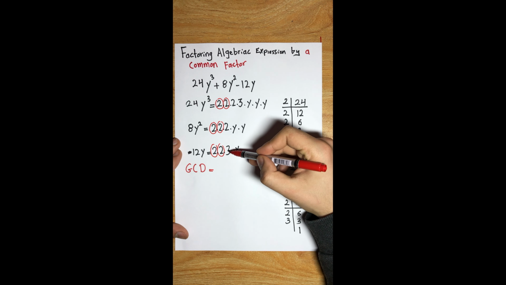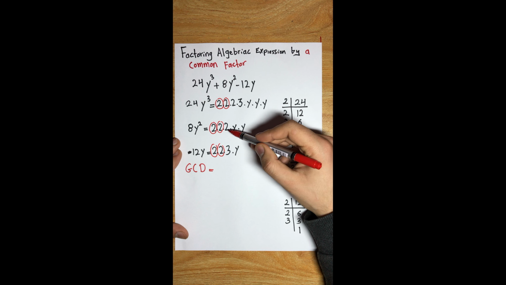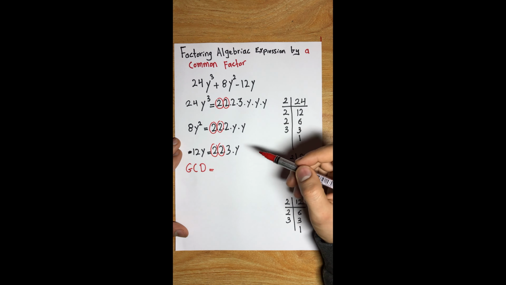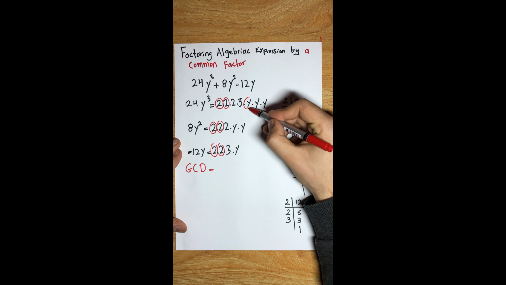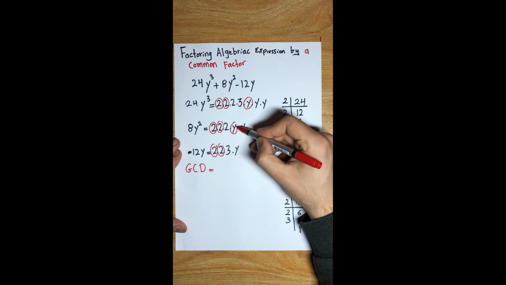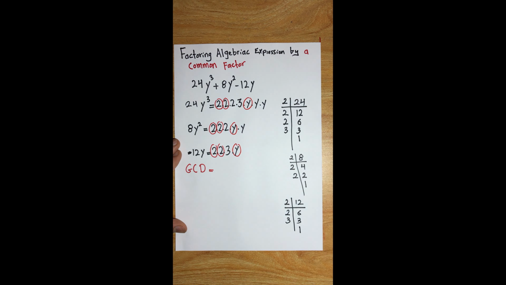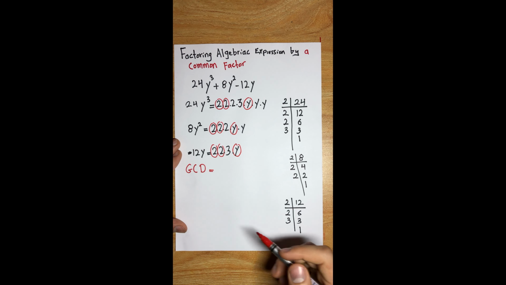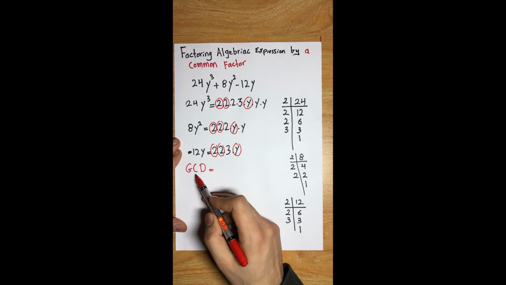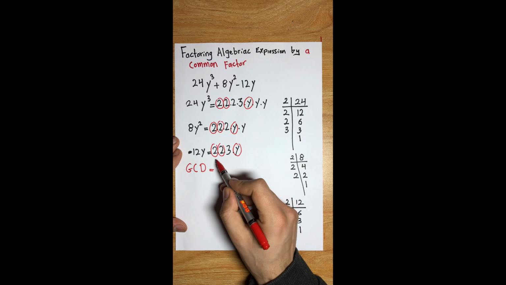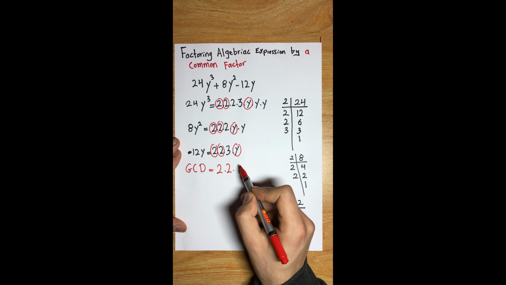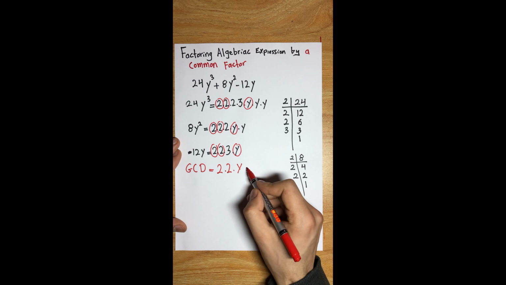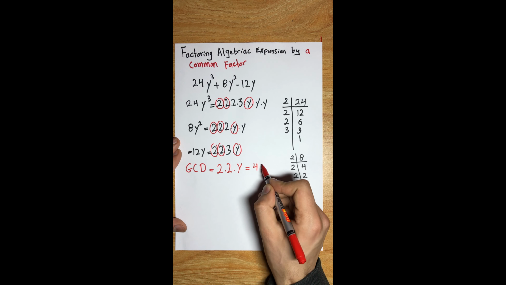Now 3 is repeated in this term and in this one, but not in this one, so we should not consider the 3. And also y is repeated in these 3 terms. So the greatest common factor is 2 times 2 times y, or we can just say 4y.